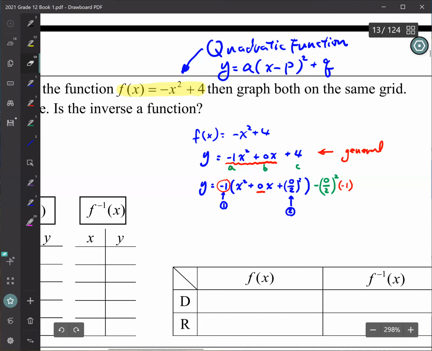This part is your step 3. And then you add a 4, right? Remember, we ignored the 4 in the beginning. You add the 4 at the front.